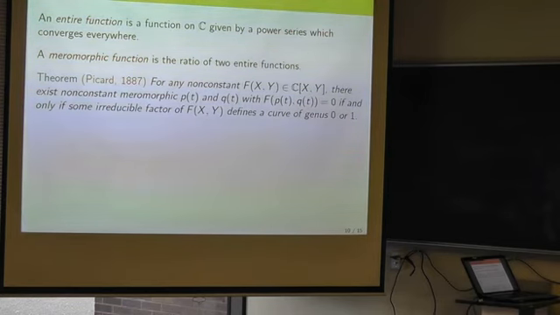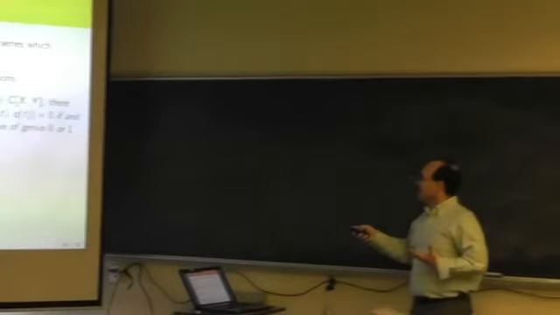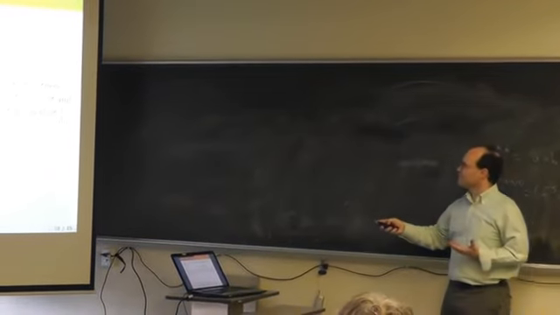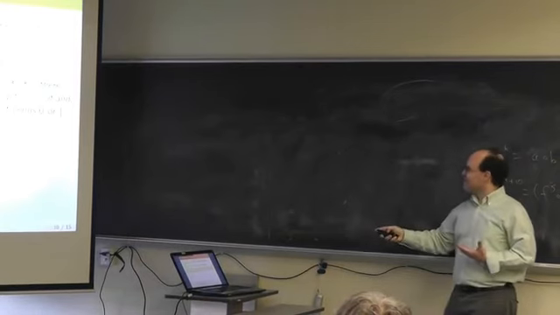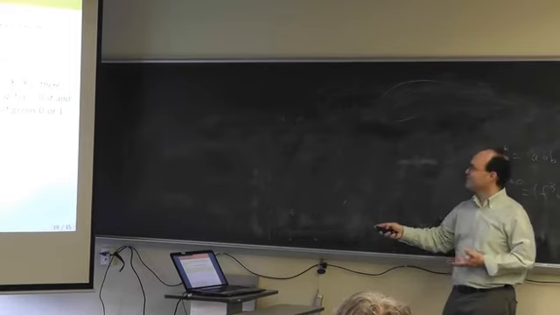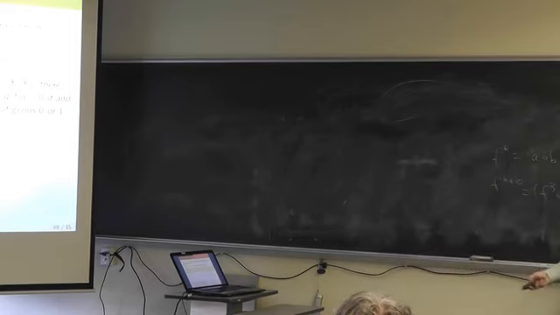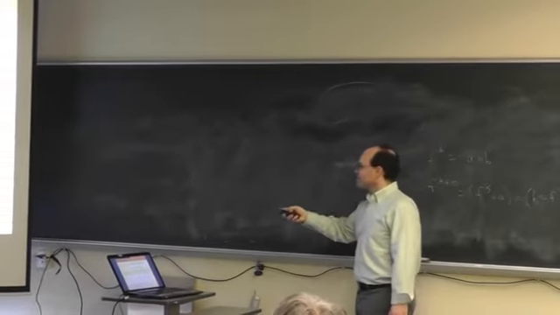If you have a non-constant polynomial in 2 variables, then when does it admit a parameterization by meromorphic functions? There are non-constant meromorphic p and q such that f of p, q is 0 if and only if some irreducible factor of f gives you a curve of genus 0 or 1. So, great: solution to the functional equation if and only if genus 0 or 1.